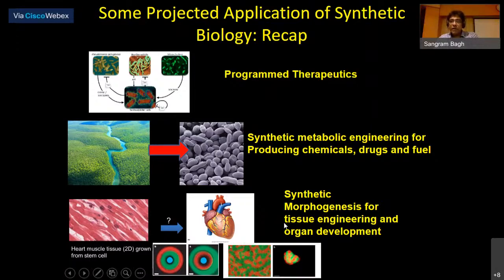Now you can actually hack that: instead of just tracking it, you try to develop the kind of patterns, since pattern formation is important for developing those organs in vitro. Those patterns we can now engineer in a very design-based way.